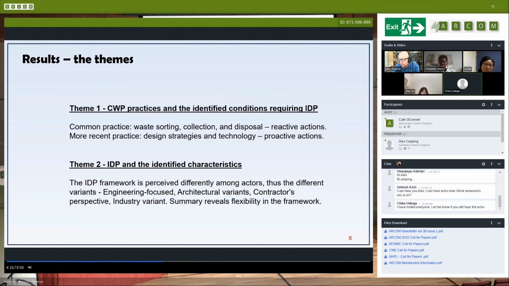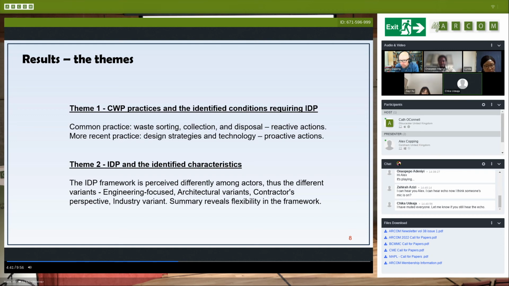The themes used for this study are: Theme 1, CWP practices and the identified conditions requiring IDP. This theme noted that many studies focus on waste sorting, collection, and disposal. Only a few recent studies consider design measures for the reduction and minimization of waste.